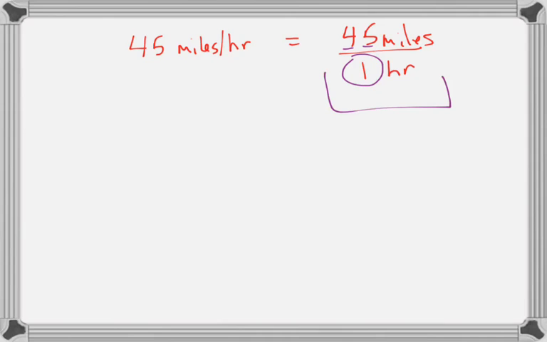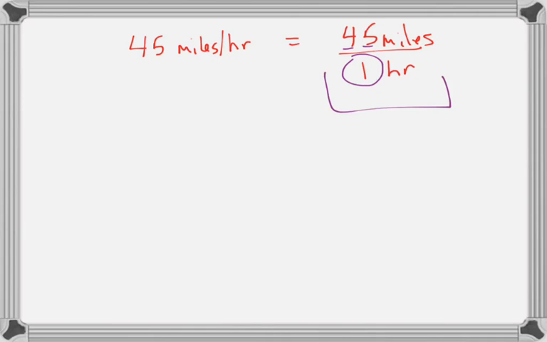There's our answer. What was the measured value? 45 miles per hour. The measured value has already incorporated those sig figs. It's 45. We brought in the 1, or rather I brought in the 1 for what purpose? So that I can see that unit show up a little bit cleaner in the denominator.